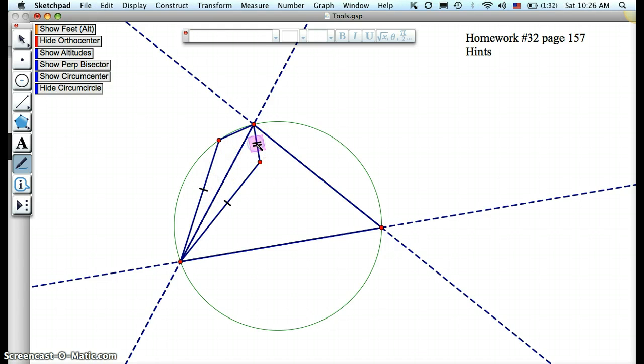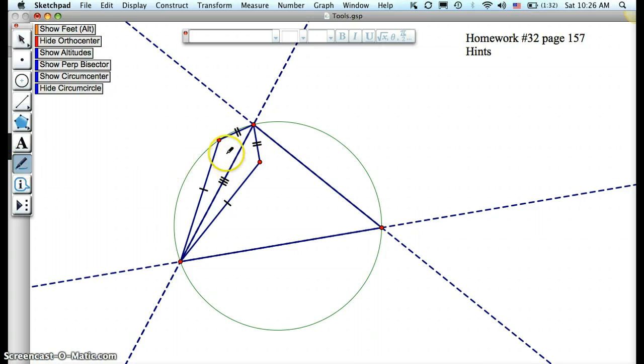Similarly up here, I've got this segment to this segment. So those two things are congruent, and finally I have a third piece that's congruent to itself, and that gives me this triangle and this triangle are congruent by side, side, side.